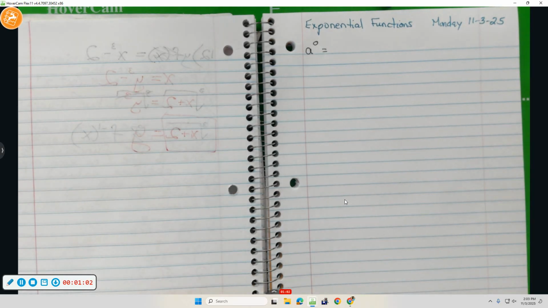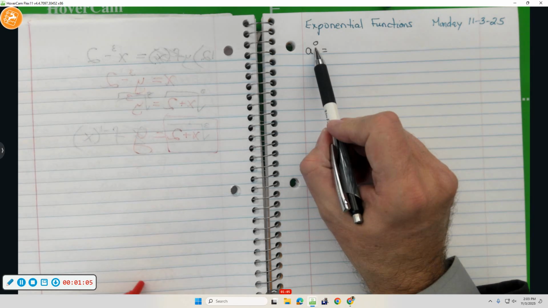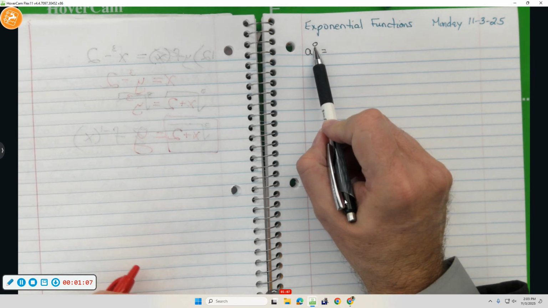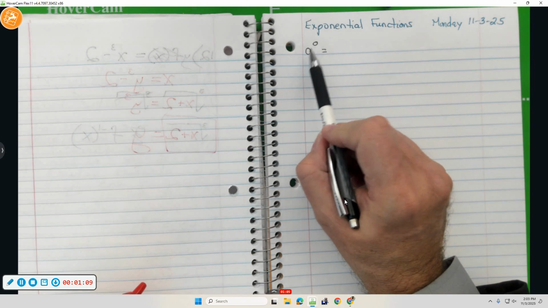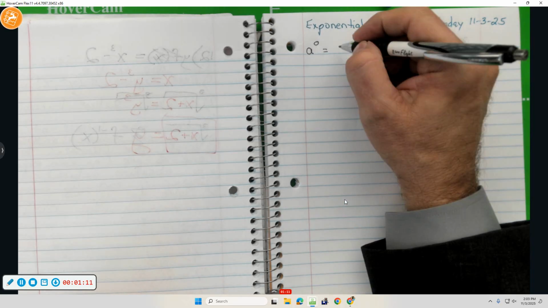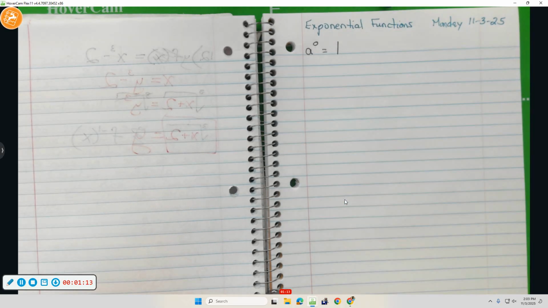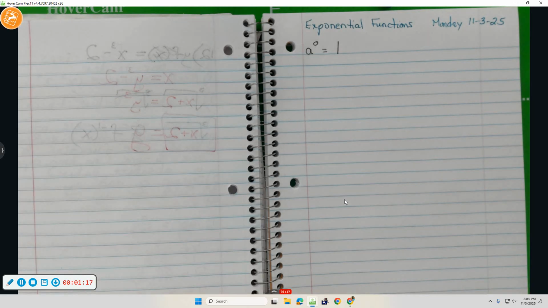Okay. So our first rule is the definition of a zero exponent. Anything to the zero power is defined to be 1, except for 0 to the 0 power. So anything to the 0 power is 1.